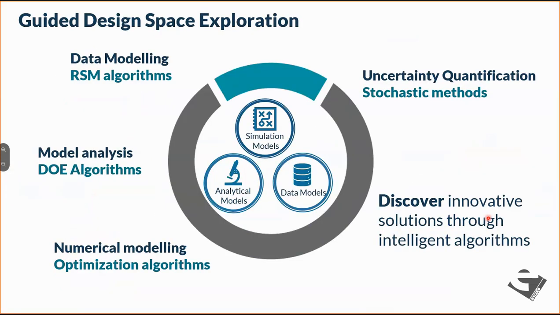So what are the different strategies that help you explore the design space in a guided manner? You can apply DOE algorithms and then just sample the design space to get data, or you can go one step ahead and apply optimization algorithms, which are all available in modeFRONTIER, on the process that you have developed to achieve the objectives that you can define.